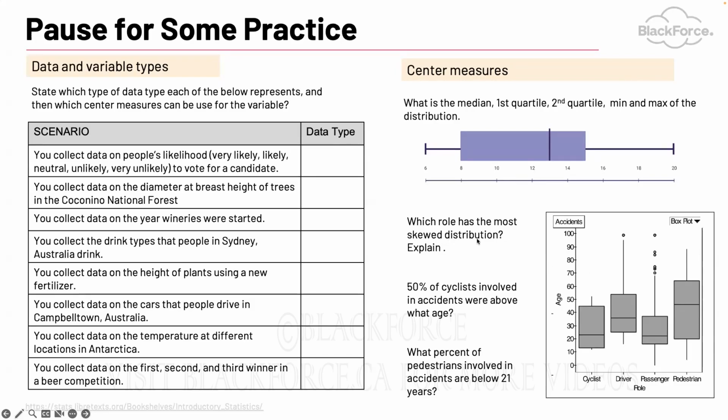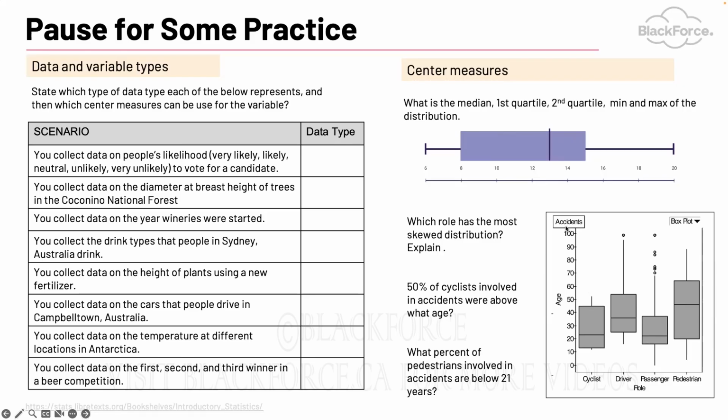So you have a couple of distributions. You have this graph. Each box plot, think about it as a distribution. This is a distribution that has minimum 6, maximum 20, and the median is 13.